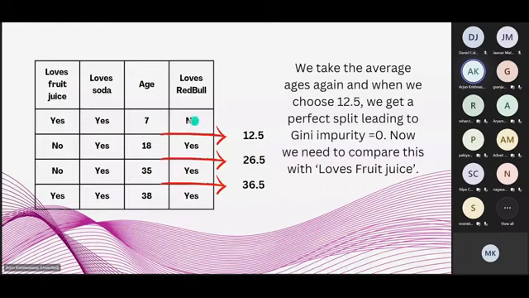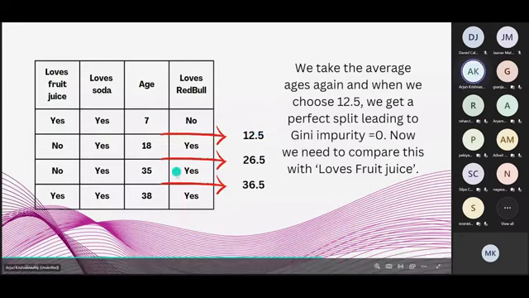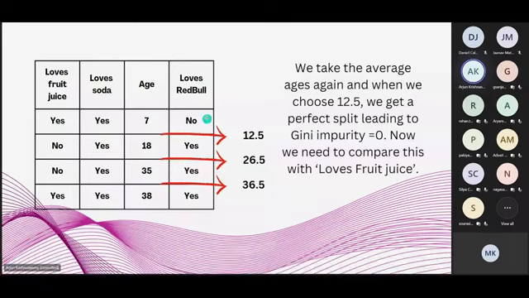All the people aged more than 12.5 belong here, and all of them like Red Bull. So using 12.5, we get two pure nodes, two leaf nodes. So the Gini impurity is 0. Again, we can easily make out that this is the best split.